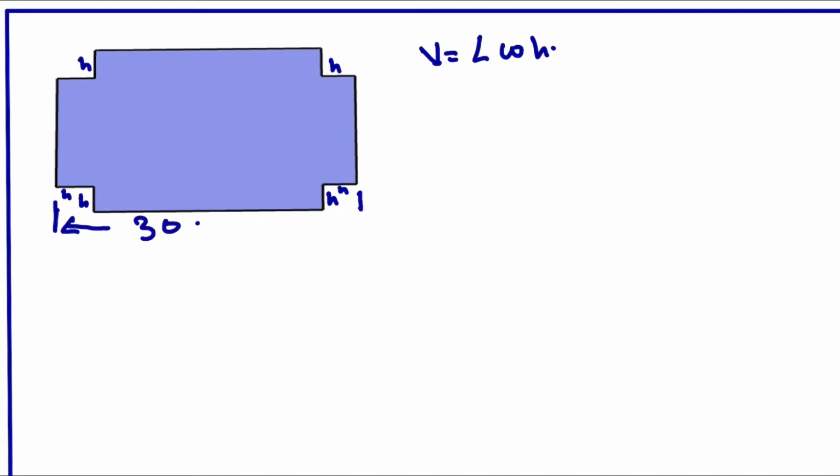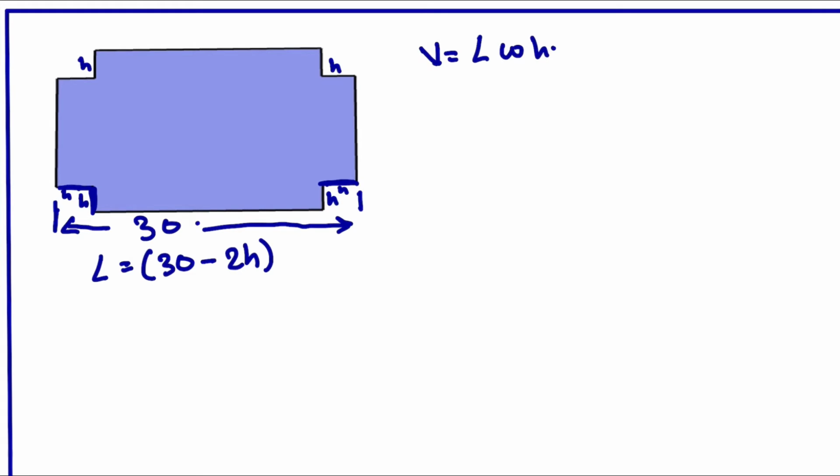Since it is a square, we have 30. So the length will be equal to 30, and we need to cut this: 30 minus h minus h. So 30 minus h minus h means we are going to have 30 minus 2h.